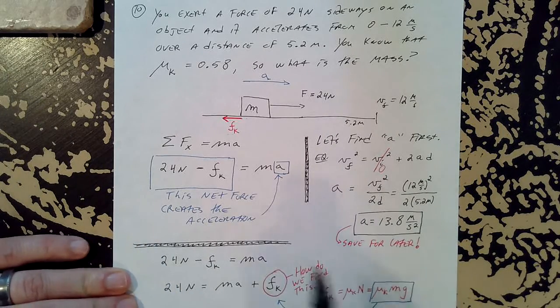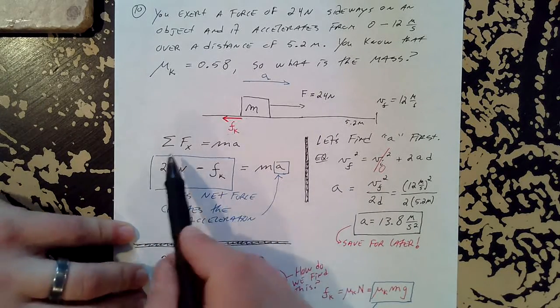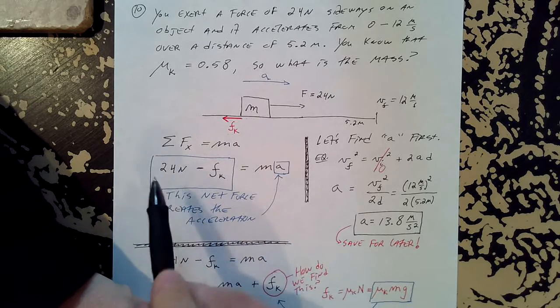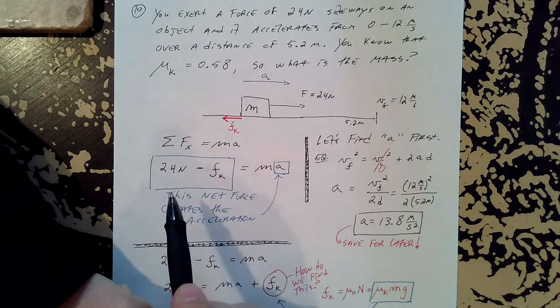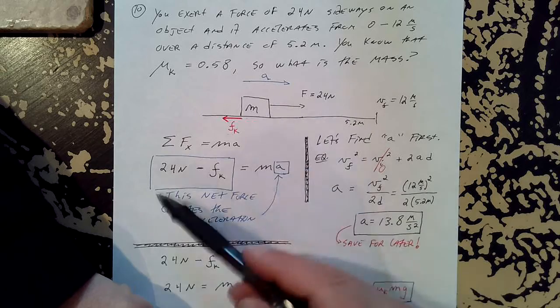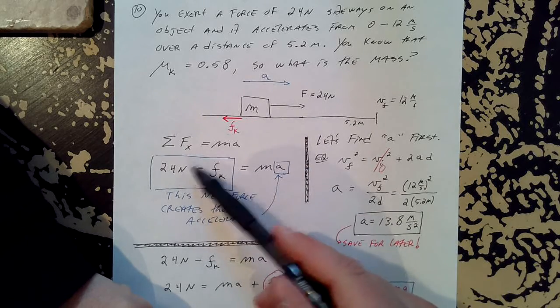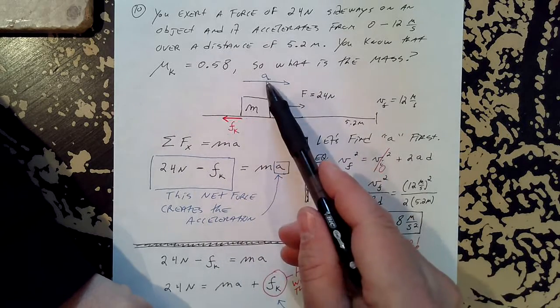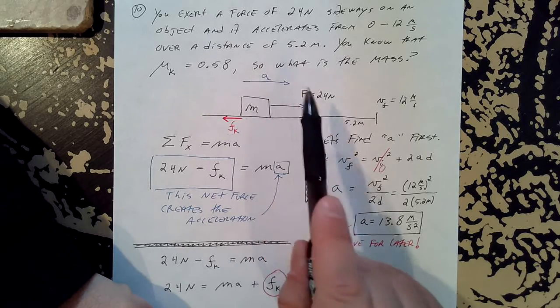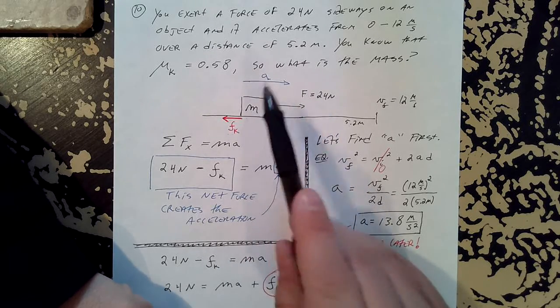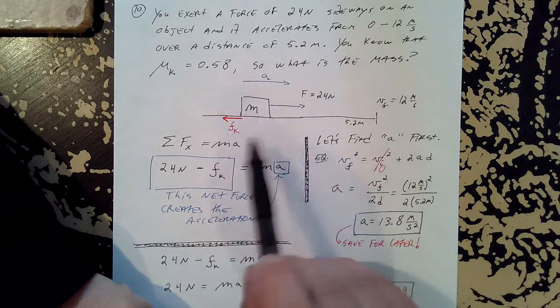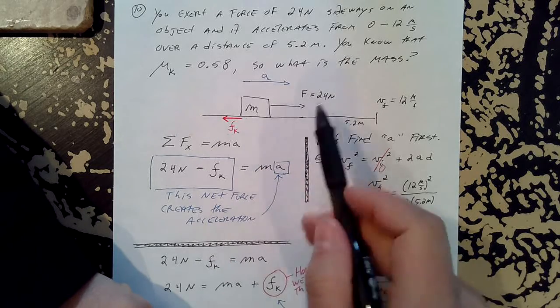Okay, now we talked about this before. Net forces cause accelerations. So those two things have to exist together, right? If you have an acceleration, that means you have a net force, right? If you have a net force, it means that the forces do not add up to zero.